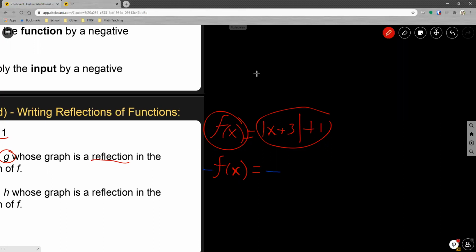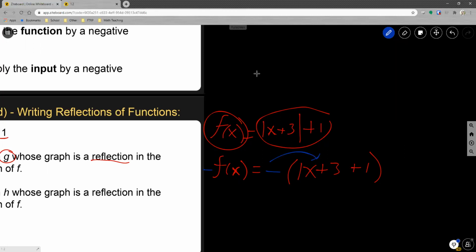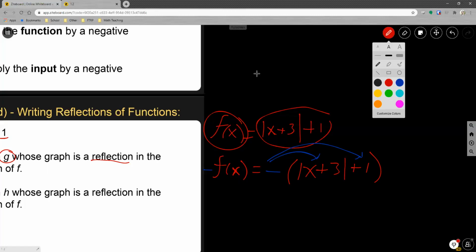Well, the easy way to do that is to put the whole function in parentheses. Remember, a negative sign is effectively a -1 that's being multiplied here. So this negative sign is going to multiply this, and it's going to multiply that, both parts, the x plus 3 in absolute value and the +1.